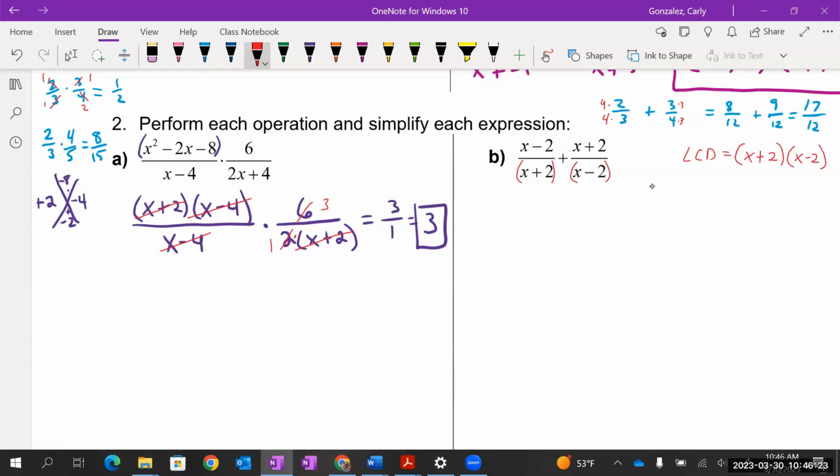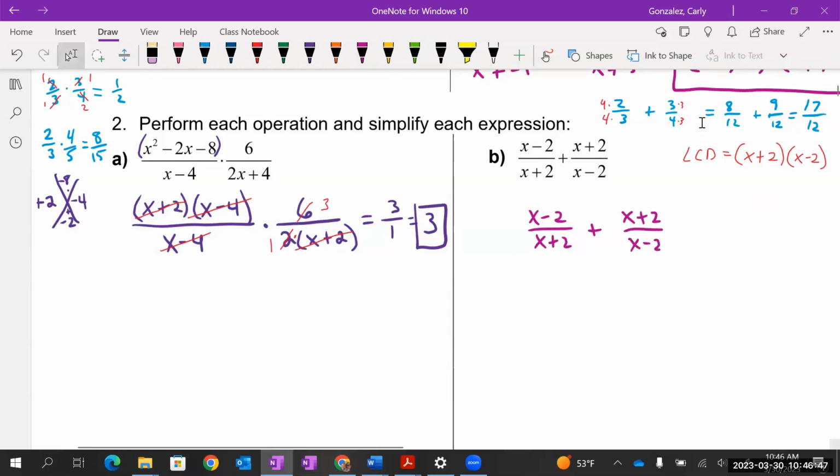So first, I like to go ahead and just copy down that expression. So here we have, and I'm going to leave a little more room too, x minus 2 over x plus 2, and then x plus 2 over x minus 2.